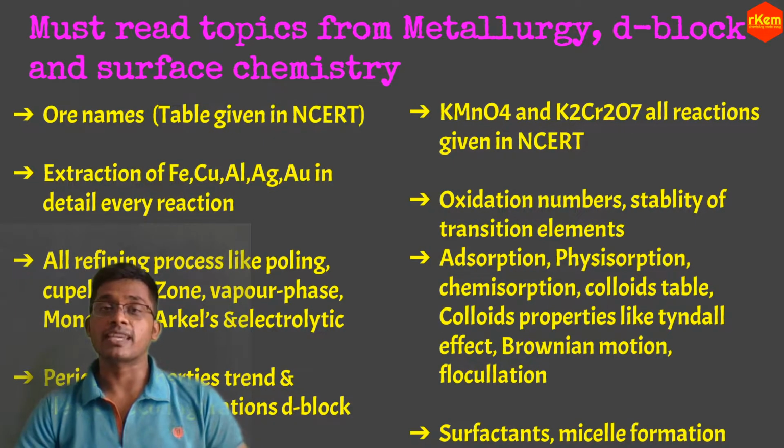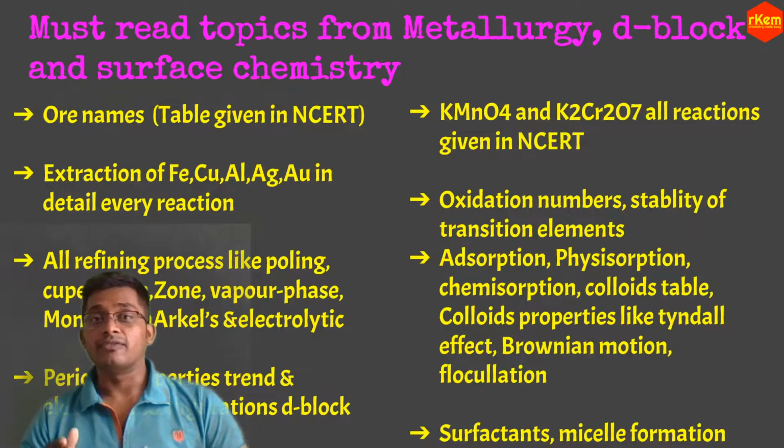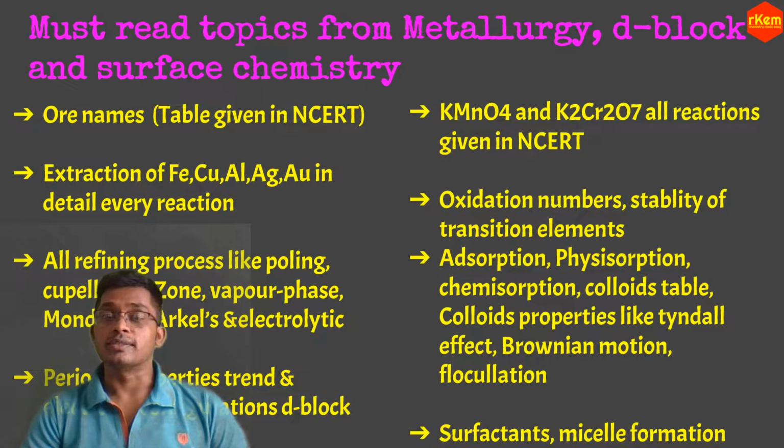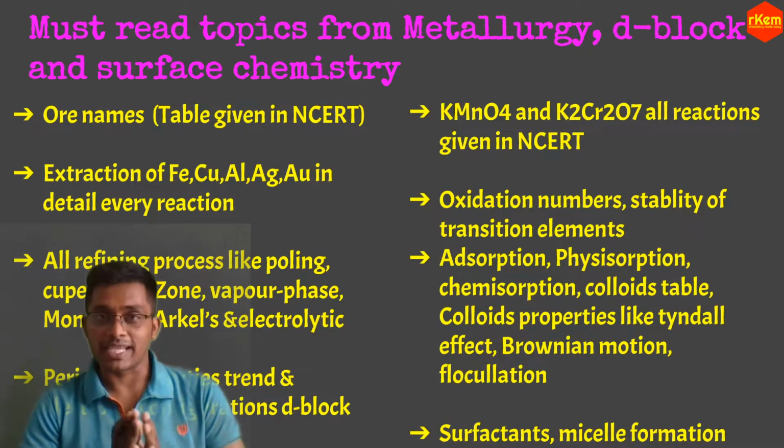And from surface chemistry, the basic definitions: adsorption, physical adsorption, chemical adsorption, the temperature factor, and Freundlich adsorption. These are very important, and surfactants and micelle formation. These topics you must read from NCERT only to get maximum marks.